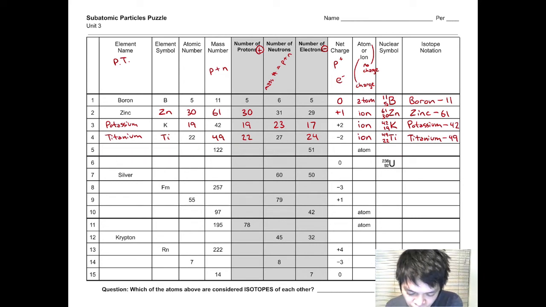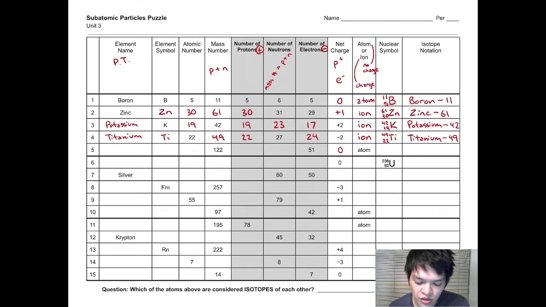Okay. Well, let's just start with the atom part. If it's an atom, I know that it's no charge. And that means the net charge is 0, right? Okay. If the net charge is 0, what does that mean? Well, charge has to do with the protons and the electrons.